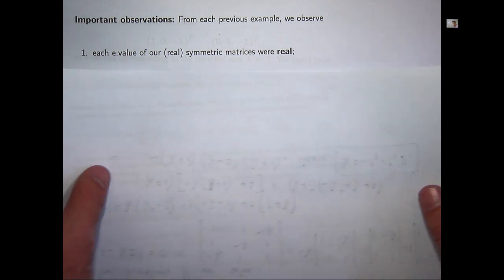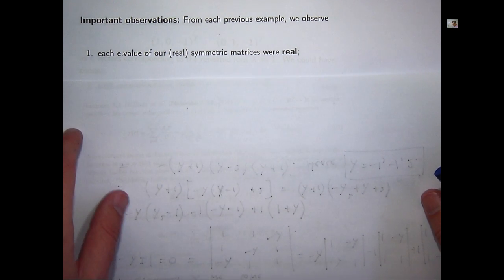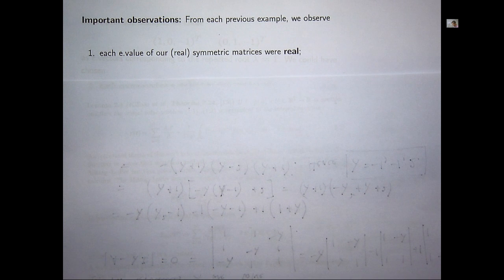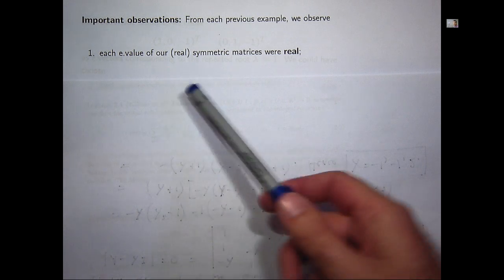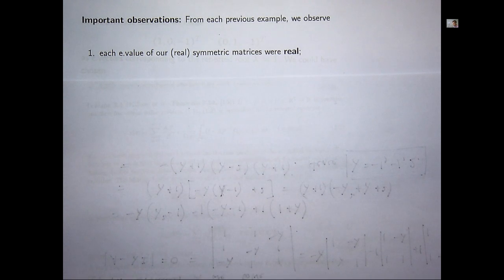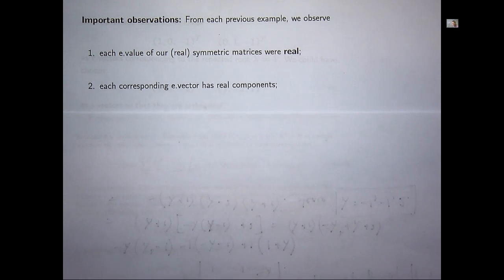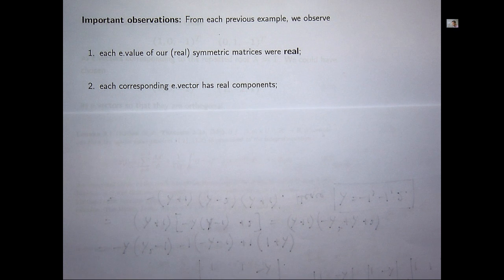Okay. Now, a couple of important observations. I'm not going to prove these things, but hopefully you can get a feel for what's going on with the 2 or 3 examples that I've given you. If you look back at every example, each of the eigenvalues were real numbers. There were no complex numbers in there. The corresponding eigenvectors all had real components.